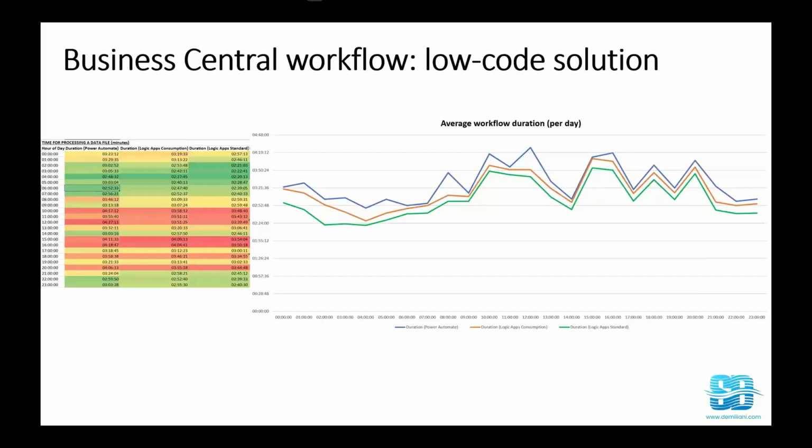As a third step of trying to improve the performance of this flow, we moved these flows to Logic Apps Standard. Logic Apps Standard performs better than the two previous platforms, because Logic Apps Standard runs in a dedicated environment with a set of powerful resources that you can specify. It's more stable.